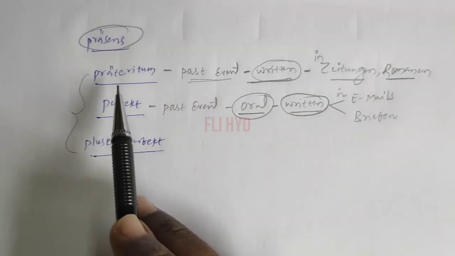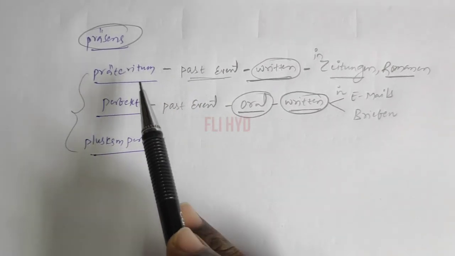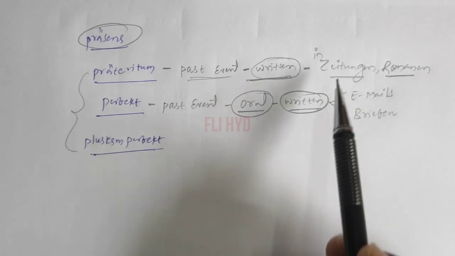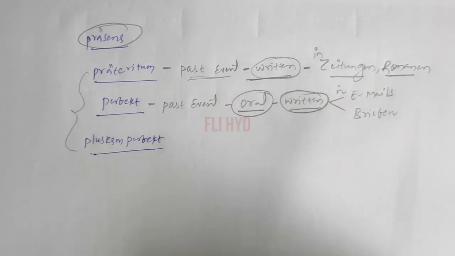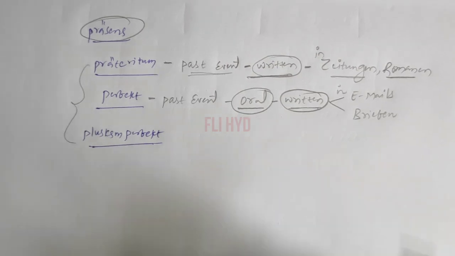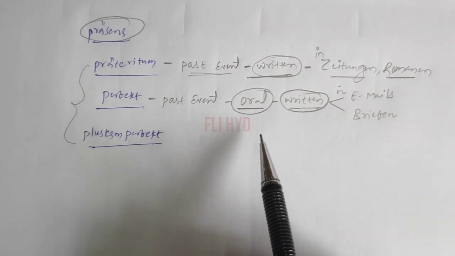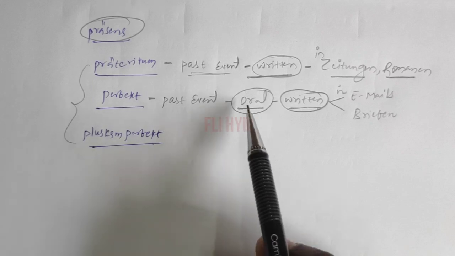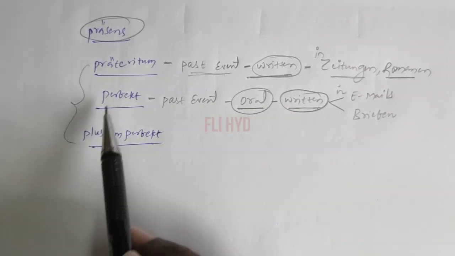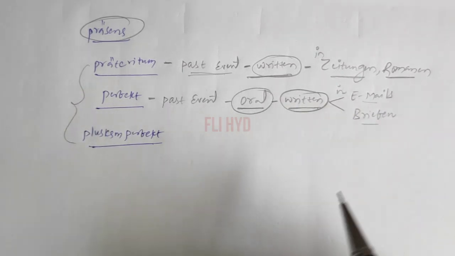So Präteritum and Perfect are both used for past events, but Präteritum is used only in the written part, that too in newspapers and in novels. And Perfect is used for past events when we are talking orally. When we are speaking about past events, we use the present perfect. And in the written part, we can also use the present perfect in emails and in letters.